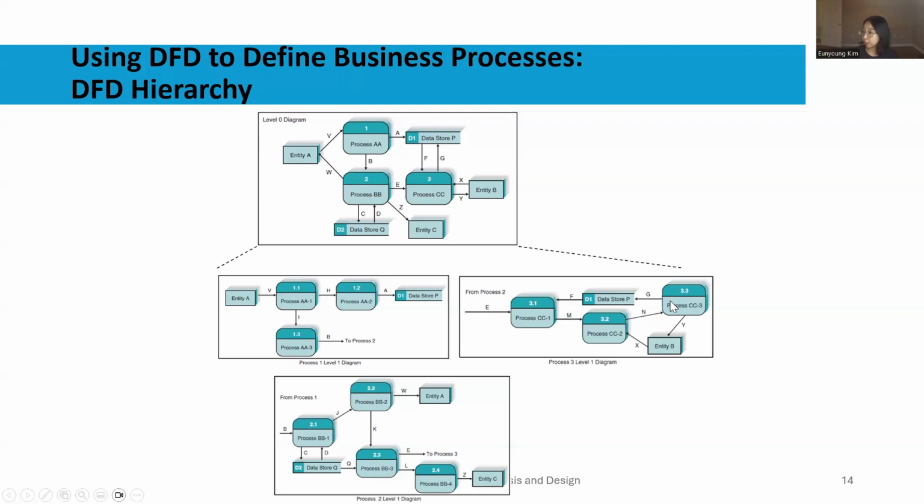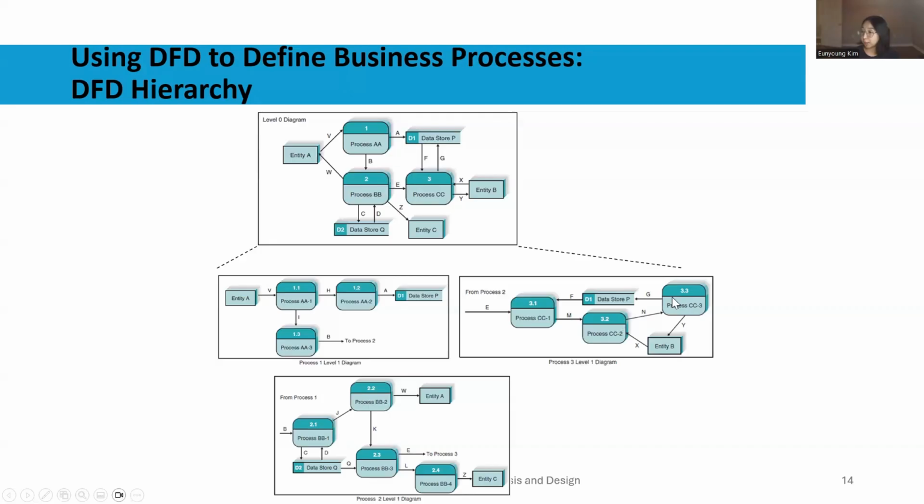And as you can see, after finishing sub-processes of process 3, the output data flow tree goes to the data store P. And also, the entity of process 3 is entity B, who will enter the data flow X. And also you can see here, entity B enters the data flow X for this process.